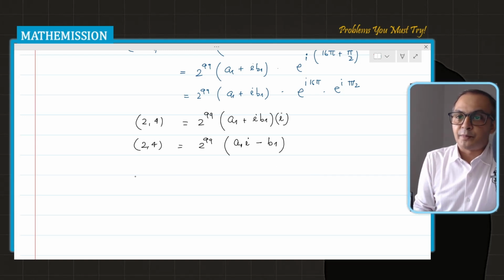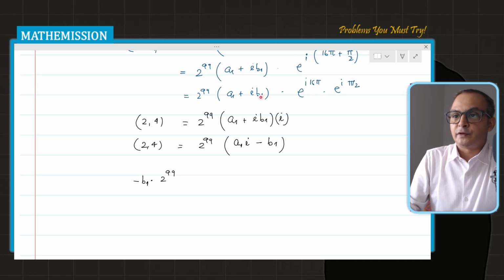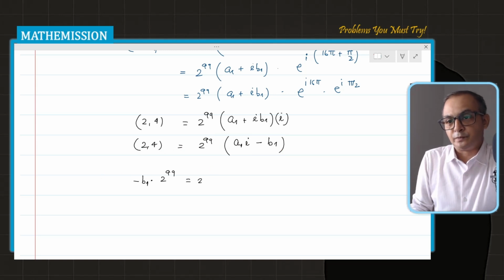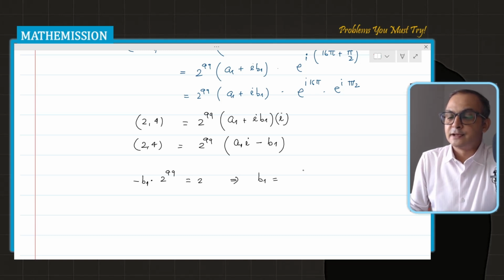So for the real part, I'm getting minus B1 times 2 to the power 99, because when you multiply this to that, that will be the real part independent of iota, and 2 is the real part on the left hand side. That must be equal to 2. So from here, I'm getting B1 as negative of 2 by 2 to the power 99, that is negative of 1 by 2 to the power 98.